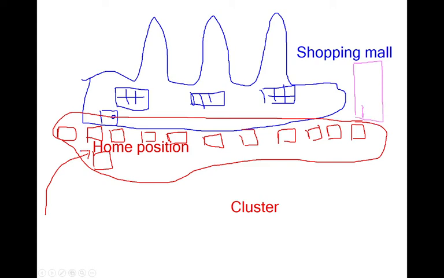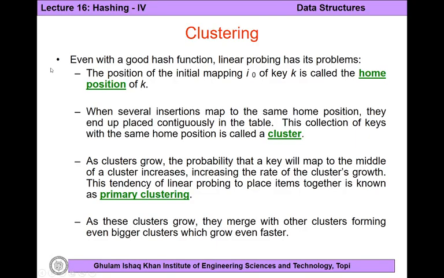This has a small door, but like this red cluster is for this blue shopping mall, and somebody tries to come here and he or she tries to park his car next to the door of this shopping mall, but another car is already parked here. So what he does, he creates another queue and they start parking. So keeping this concept in mind, now let me read it out.